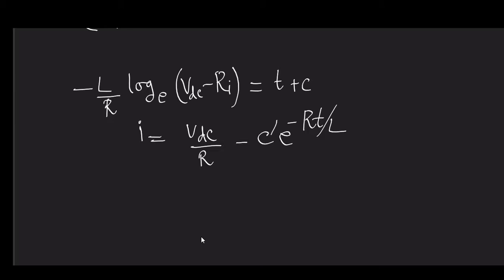Now, by putting the boundary condition, we can find out this C dash.